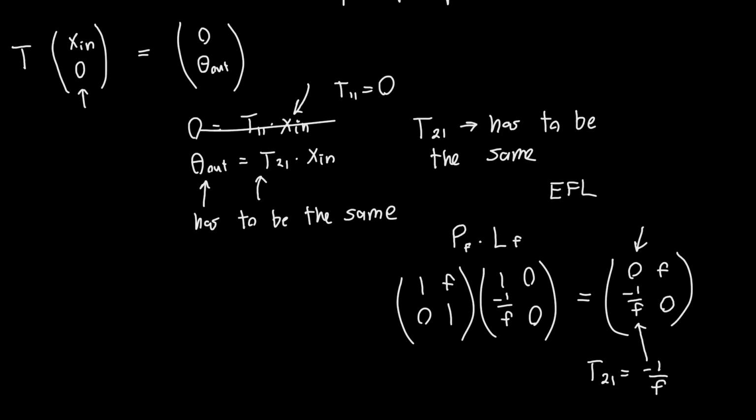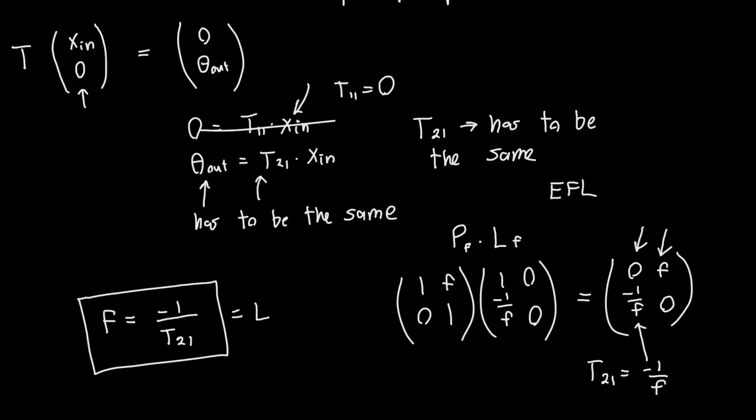So this tells us what the focal length of this lens needs to be, and what the distance is, because we said that was also just f for the effective focal length. And so if we rearrange this, we'll get that f is just equal to minus 1 over t21. And this is our answer. This is the effective focal length.